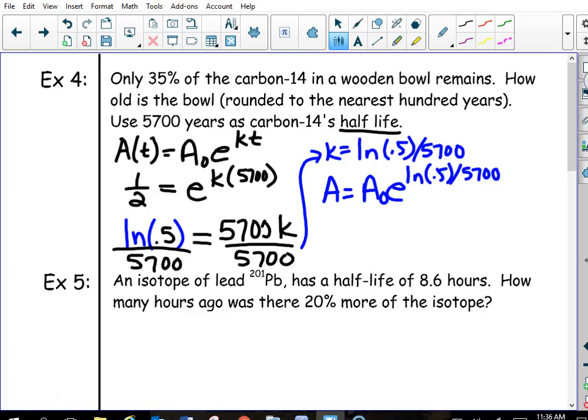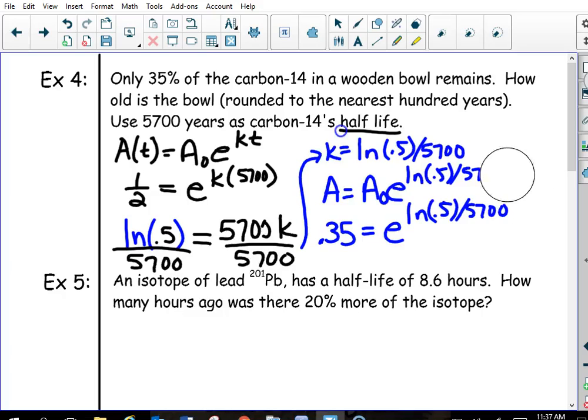Now we can use that equation to answer the question of how old is the bowl if only 35% remain. Again, I could start out with some numbers as A sub 0 and A, but what I know is going to happen once I do my division is I'm going to get a 0.35 on the left-hand side. Okay, so to solve this, I take the natural log of both.